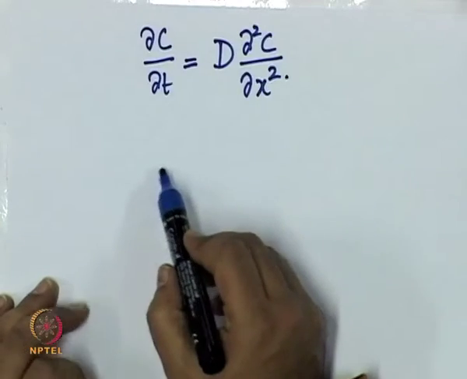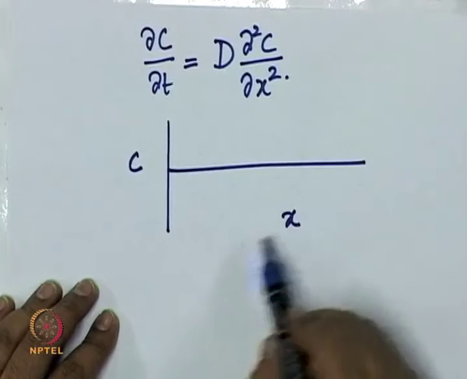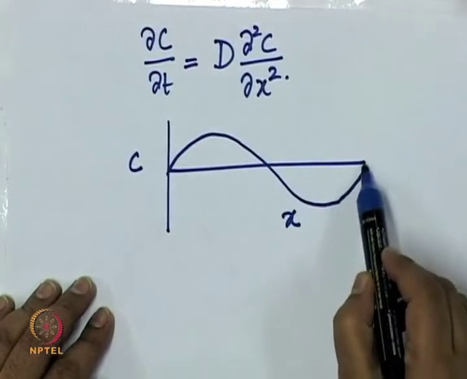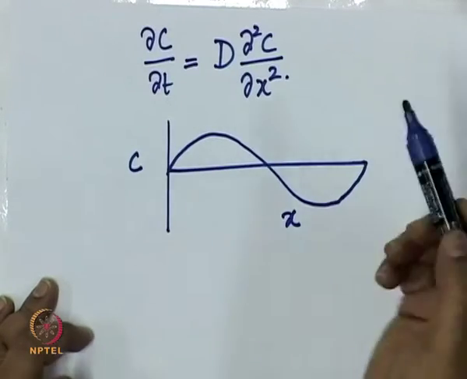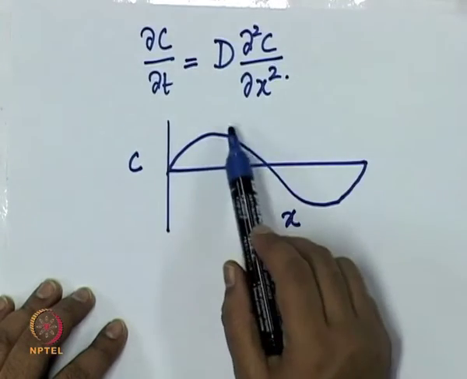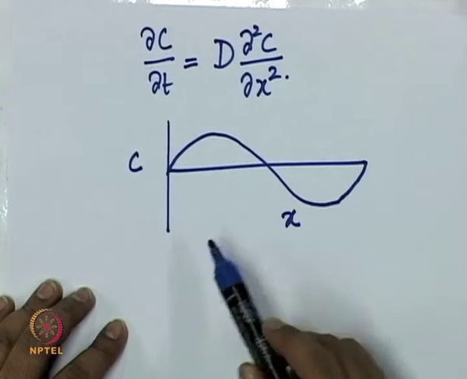Okay. Now, what is the physical meaning of del squared C by del x squared? Let us say that I take a composition profile, composition as a function of position, some sort of sinusoidal wave. Okay. You can show that del squared C by del x squared is nothing but the curvature of this curve. Okay.